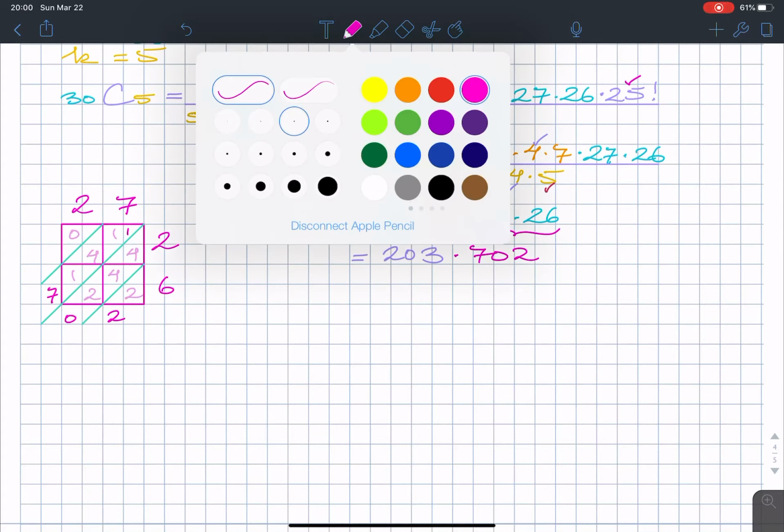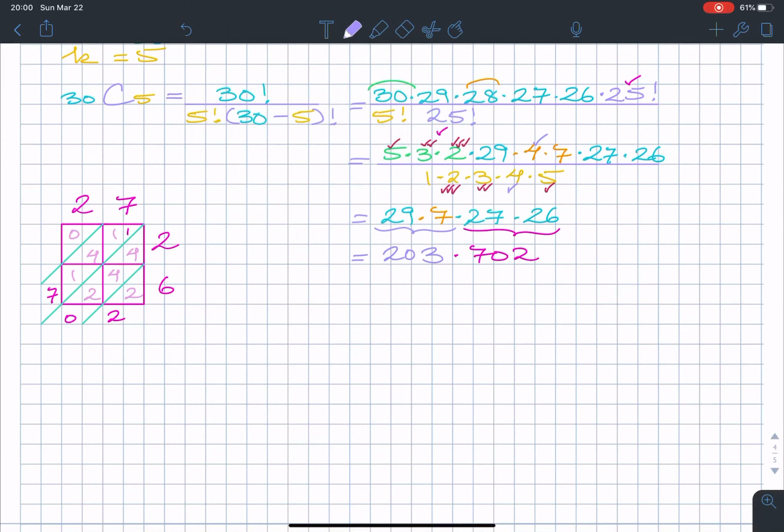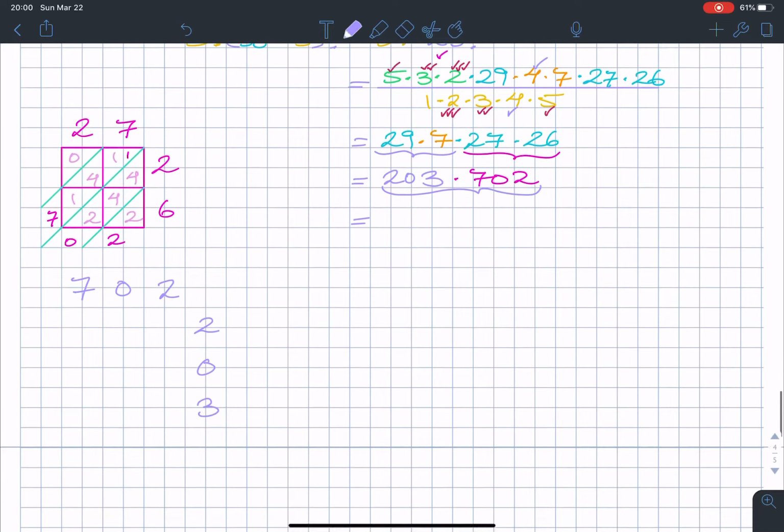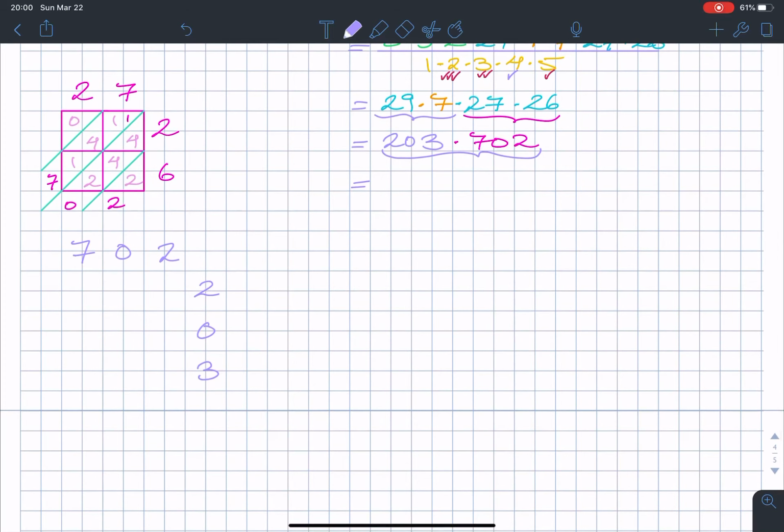Okay, so now I can do another lattice algorithm because I know it builds a lot of character. So let's combine these two. That is, let's do 702 times 203. Okay, so box here.